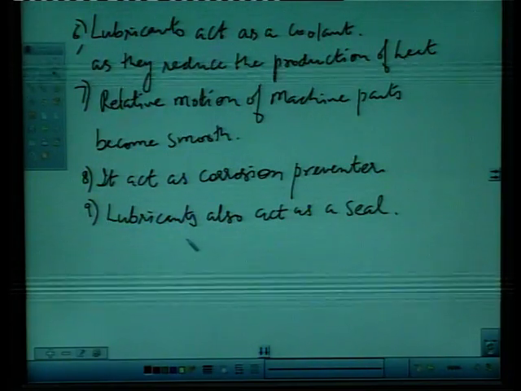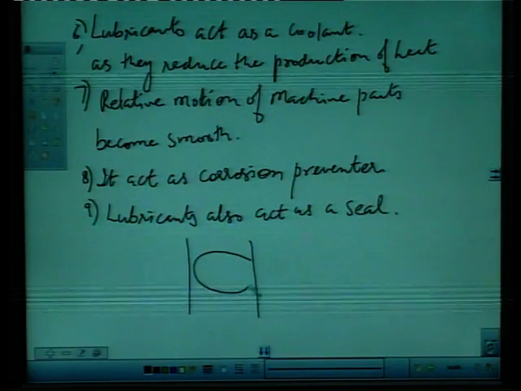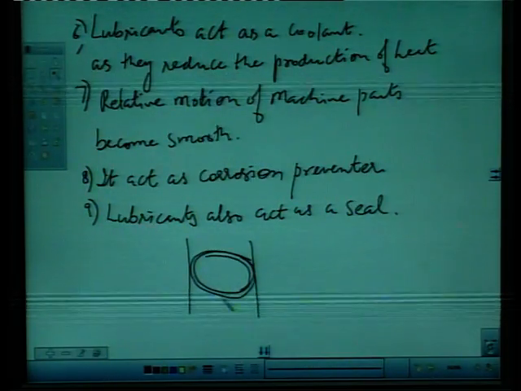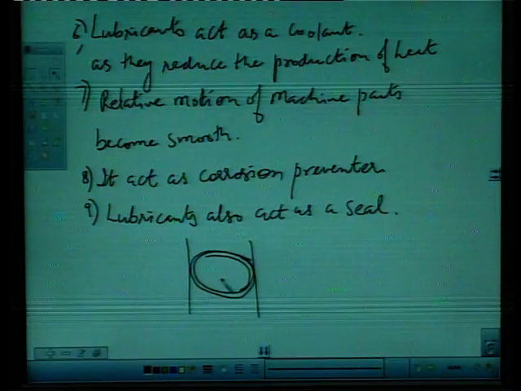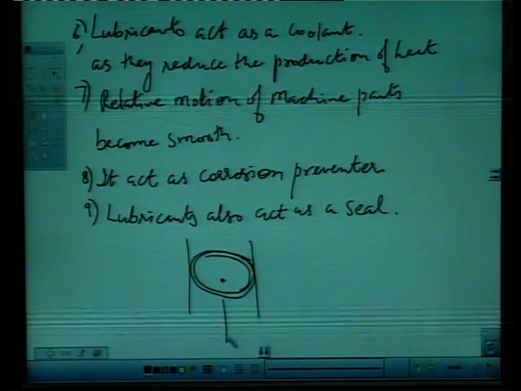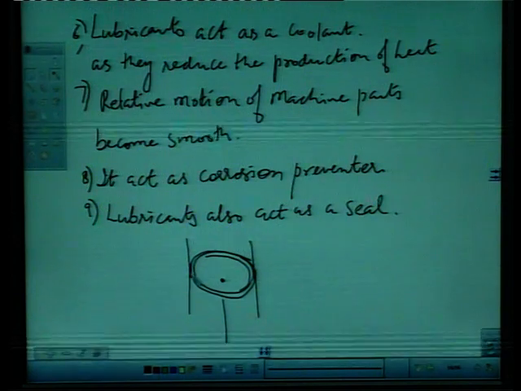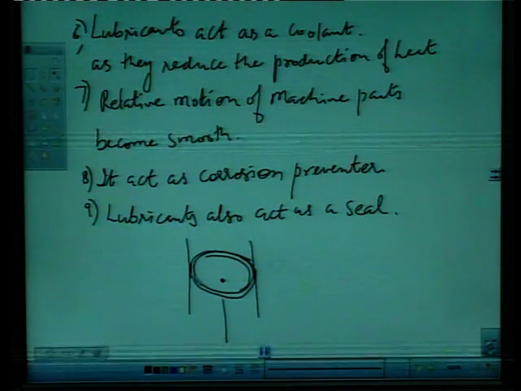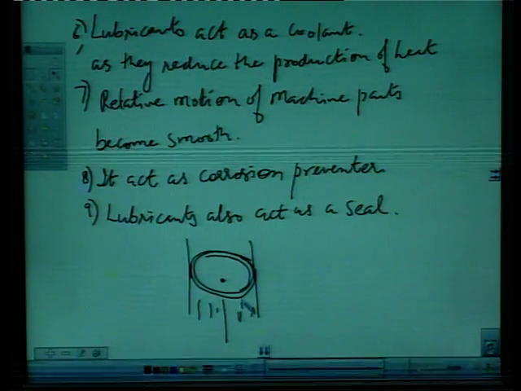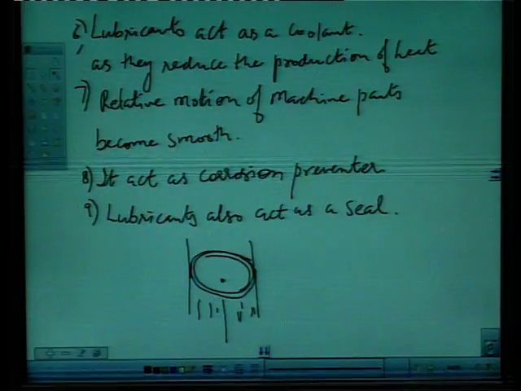When we use lubricant around the piston, it acts as a seal, as the hot gases do not come outside.